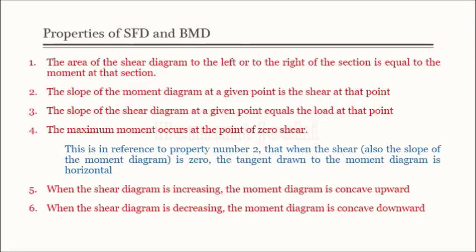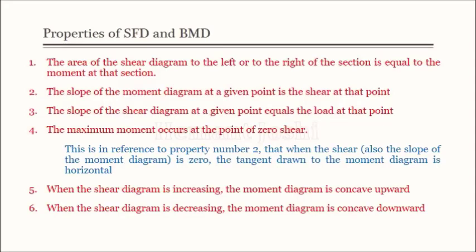So friends, we are now coming to conclusion part. In previous sessions, slides, we have seen the fundamental relation between shear, loading and bending, and what is the general nature, how to guess this SFD and BMD, what should be the nature of the SFD and BMD we have seen.